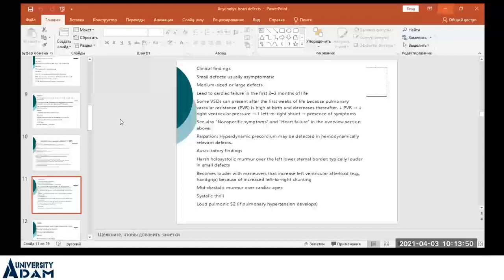Some ventricular septal defects can present after the first week of life because pulmonary vascular resistance is higher at birth and decreases thereafter. Decreasing pulmonary vascular resistance leads to decreasing right ventricular pressure. It goes through an increase of left-to-right shunt, and we can see symptoms of cardiac failure.